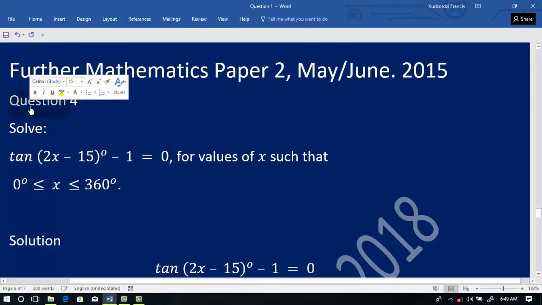Question 4. Now we are solving tan(2x − 15°) − 1 = 0 for values of x such that x is within 1 revolution.